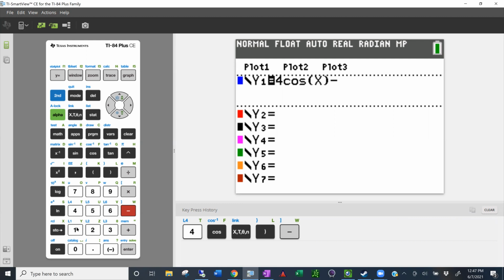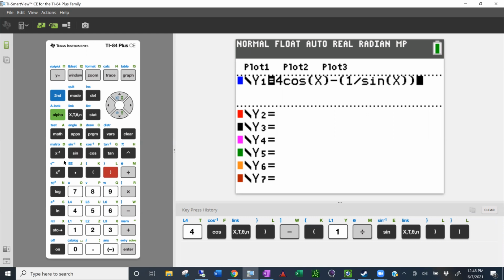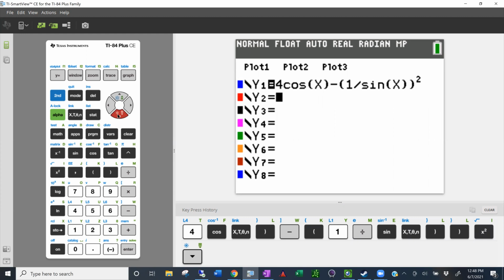You have to type in parentheses 1 divided by sine of x, and then hit the squared key. So that's your first derivative.